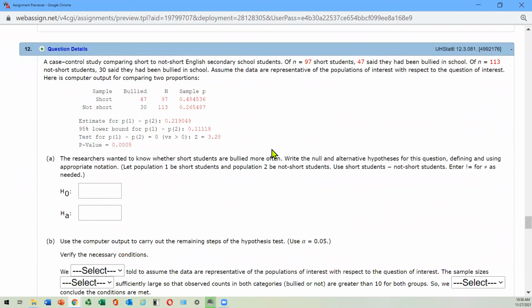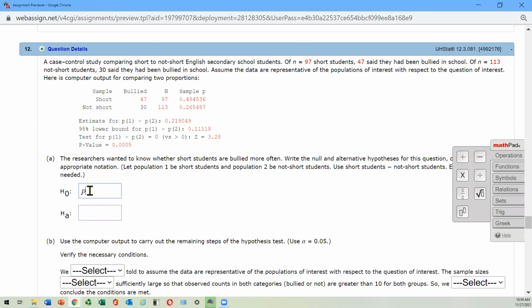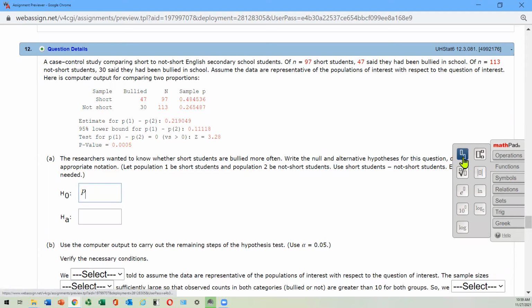A case-controlled study compared short to not short English secondary school students. Of 97 short students, 47 said they were bullied at school. And for 113 who were not considered short, 30 said that they had been bullied. Now, this is pretty much going to be standard: P1 take away P2 is 0.